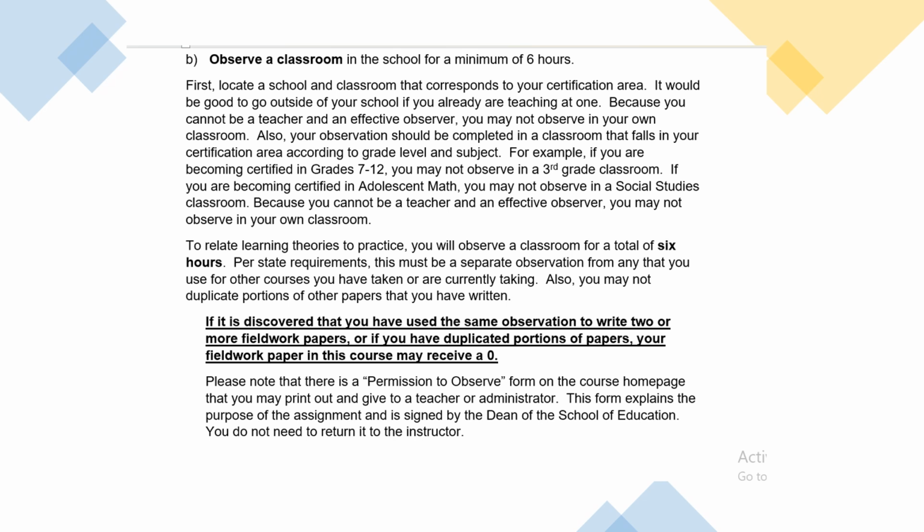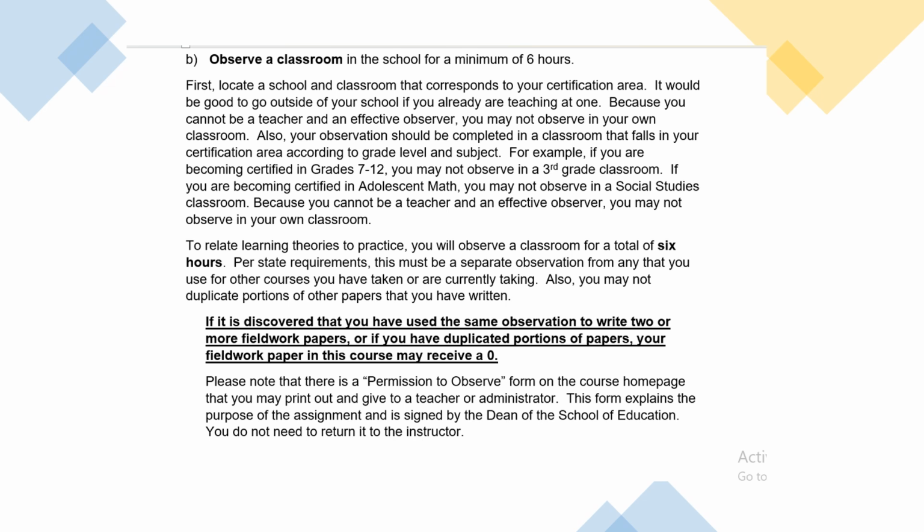Remember a couple of things. First of all, your observations should correspond to your certification area. So for example, if you are math, then you'll need to observe in a math classroom in grades 7 to 12. If you are taking a certificate in special ed or students with disabilities, you may observe in that classroom as well. It's better to limit your observations to one or two classrooms.